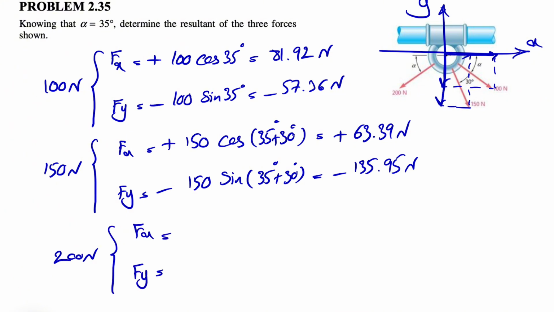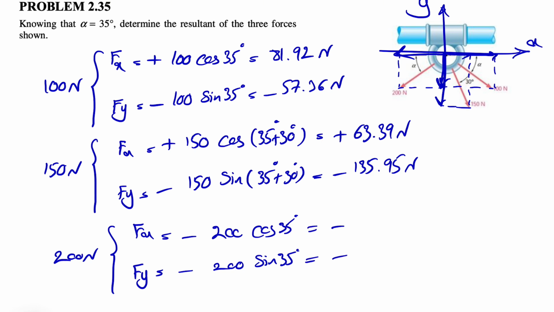And the last force is the 200 Newton force, Fx and Fy. Let's see what we have. This will be our Fx negative, and Fy is also negative, so we have both negative. We have the angle with the x-axis, which is alpha, so 200 cosine of 35 degrees, and 200 sine of 35 degrees is going to be our y component, so both negative.